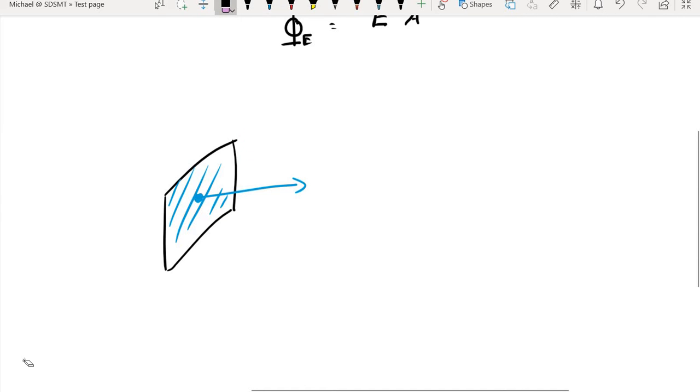And so this is kind of an interesting way of expressing area. We can actually express area as a vector. And you could do the same thing with a table if you wanted. If you look at a table and you ask yourself, well, here's the surface of the table, which way does the surface point?